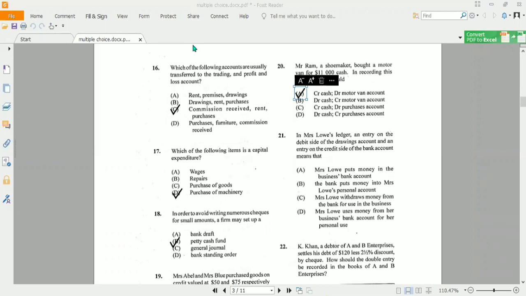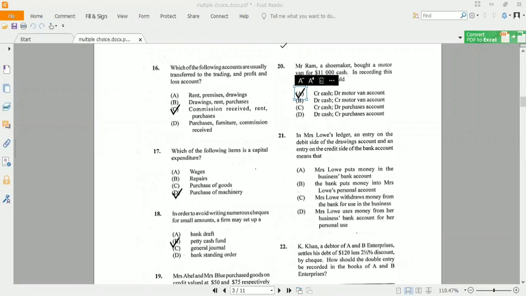We use the purchases account when goods are purchased, when the business buys something for resale. The motor van that was purchased, there wasn't any indication that this was purchased for resale. So therefore, we would record that in the motor van account, the asset account. Now, the person that said that, because they give you the specific asset. Bear in mind that goods, inventory is an asset.